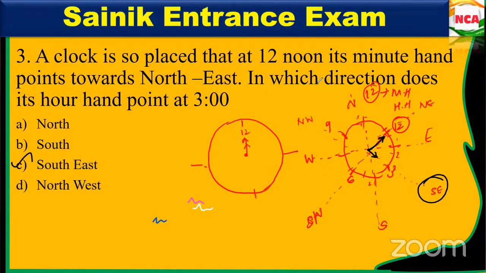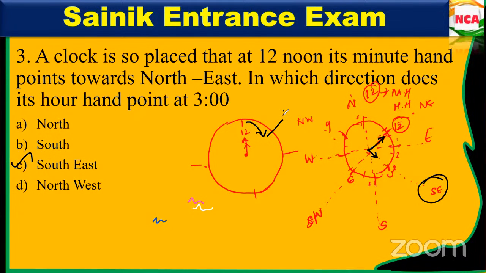The minute hand is pointing towards the northeast side, so at 12 noon both the minute and hour hand will be in the same direction, one above the other. If it is in the northeast direction, I'm drawing how it will be changed.